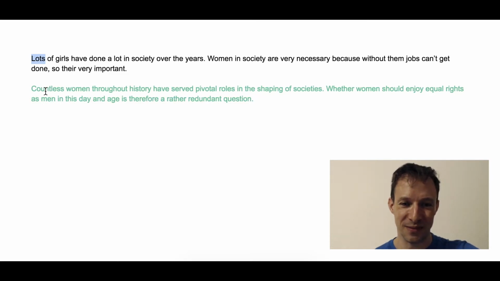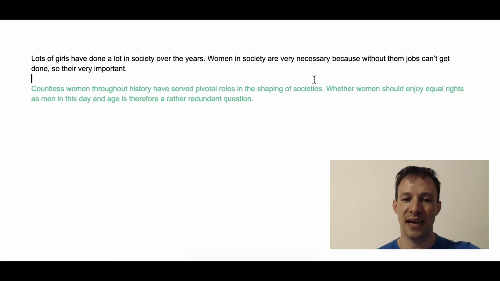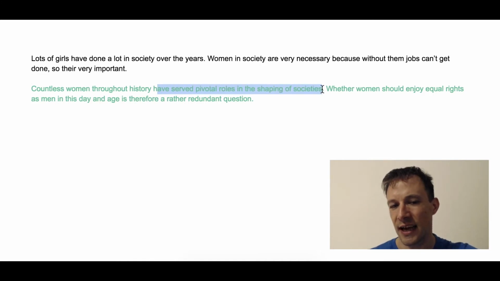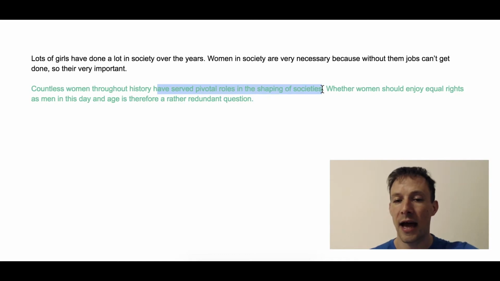Okay, so we've used more tenses there. We've used better vocabulary, "pivotal". Let's carry on. "Women in society are very necessary" says something similar to "have served pivotal roles in the shaping of society".